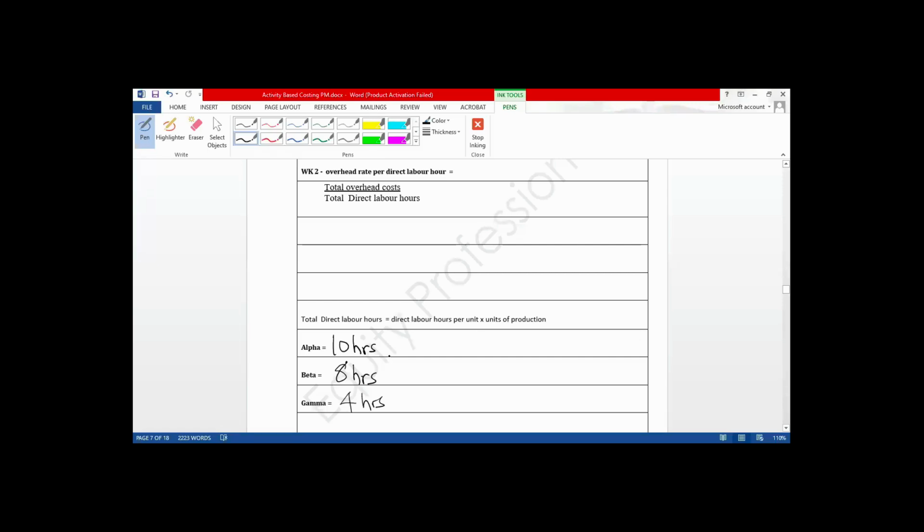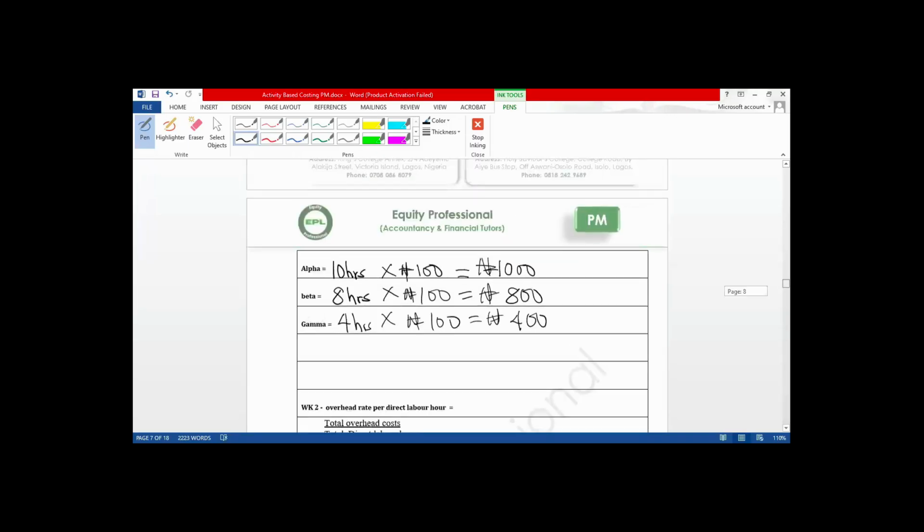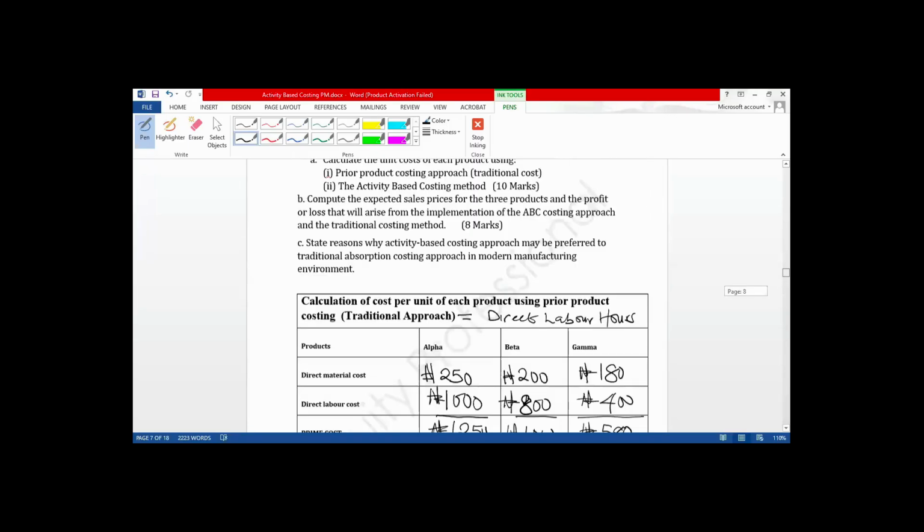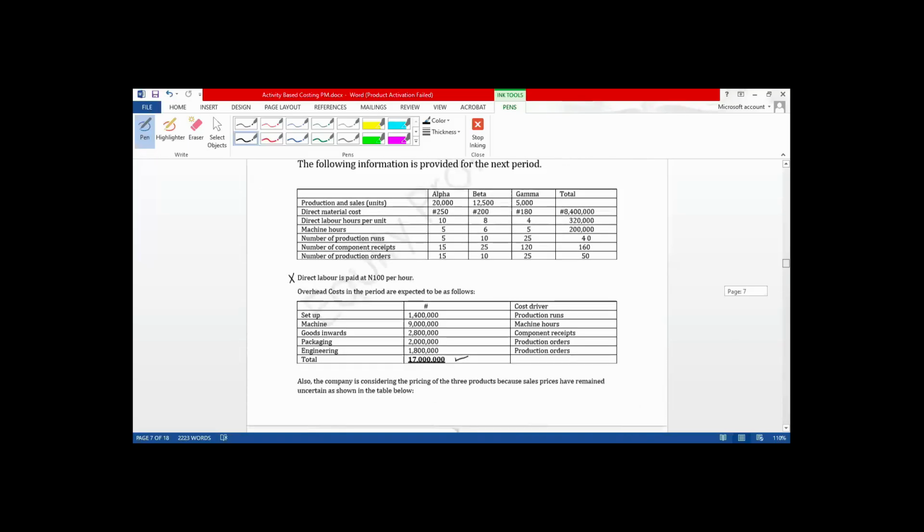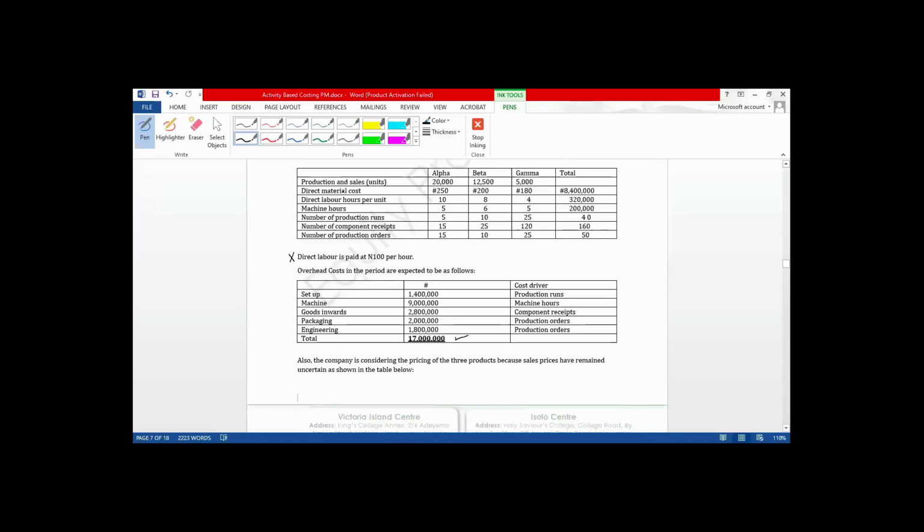Then multiply by volume of production. Production and sales in units: for Alpha, 20,000. For Beta, 12,500. For Gamma, 5,000. You pick this.